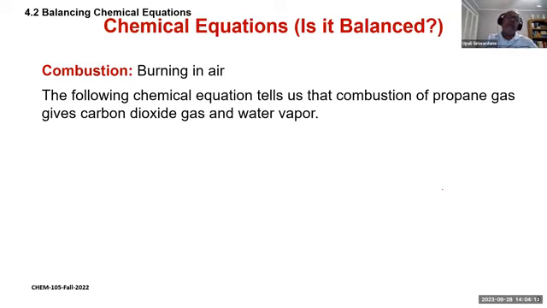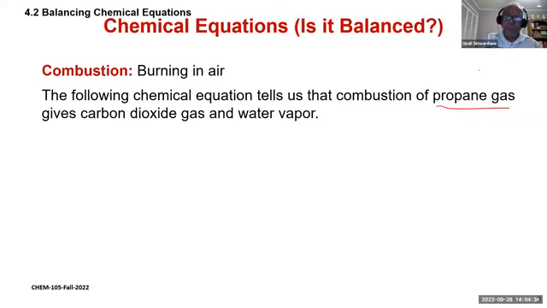As I described, one of the chemical reactions that comes under redox reactions, oxidation reduction, is combustion. There are several types of combustion reactions. One of the most common is propane gas.